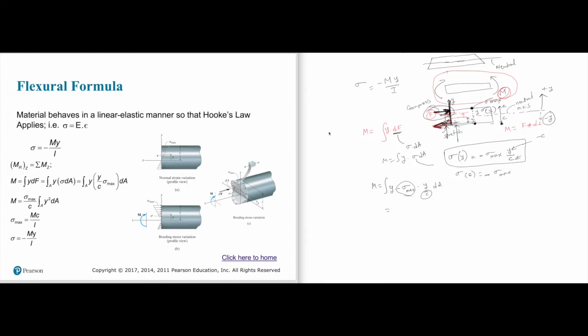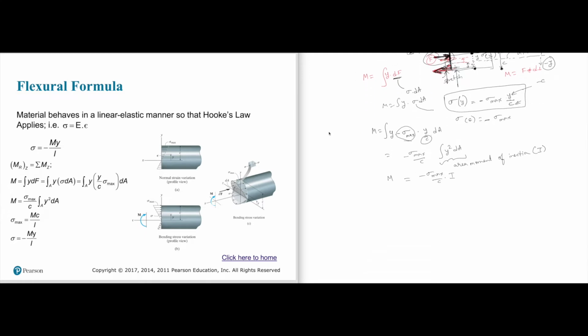So we write it as negative sigma max over c times the integral of y squared dA. From mathematics, what is y squared dA? We call this the area moment of inertia, which is represented as I. So M is equal to negative sigma max over c times I.